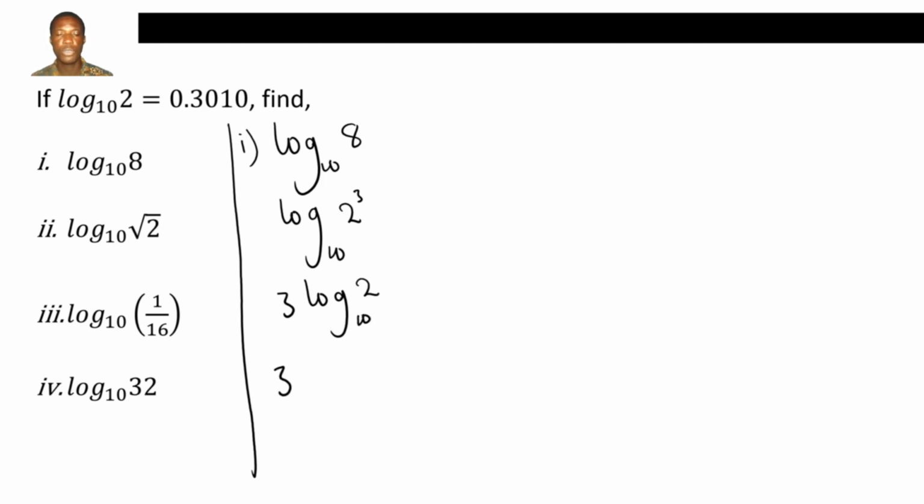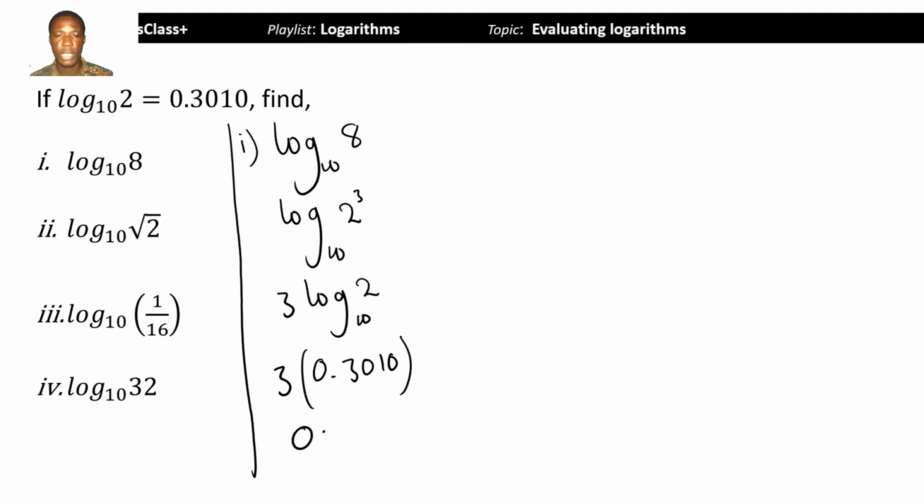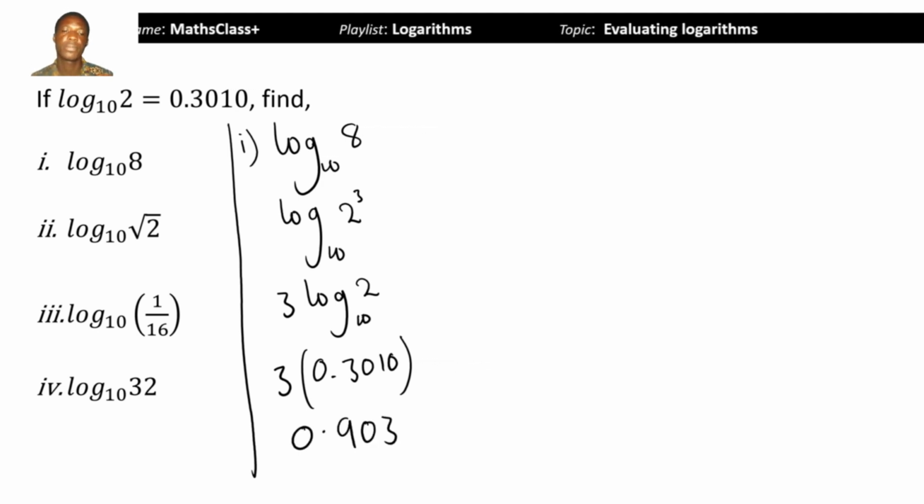So we substitute 0.3010, and that gives us 0.903 as the solution to the first example.